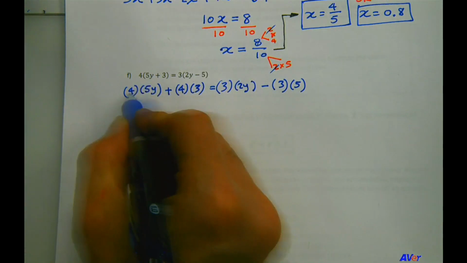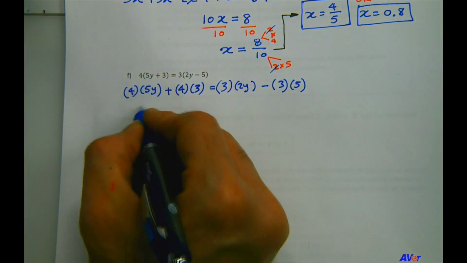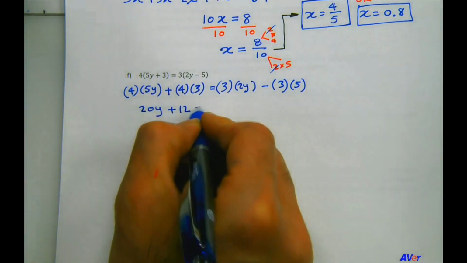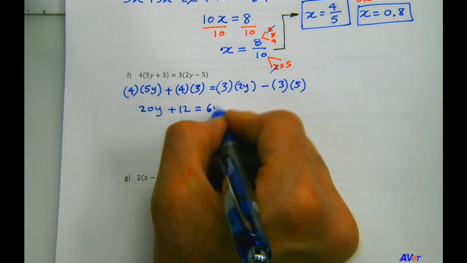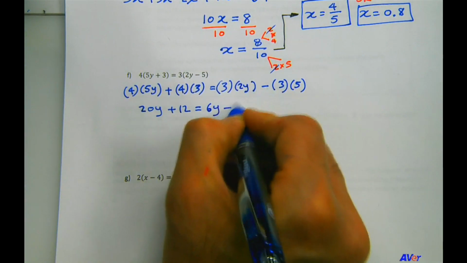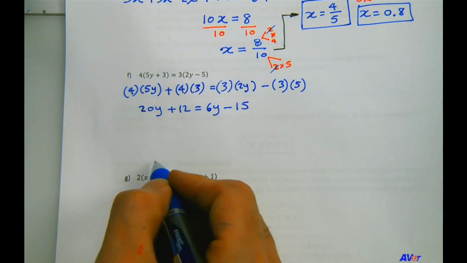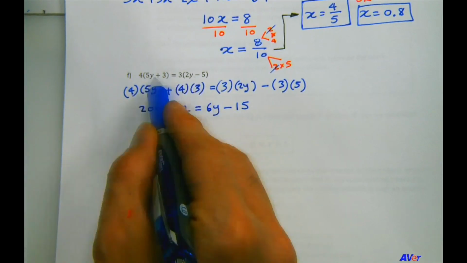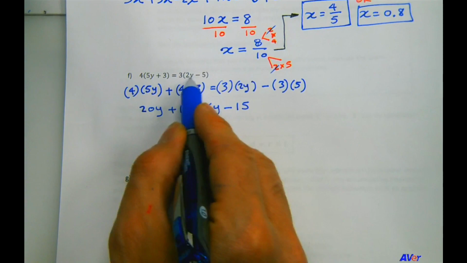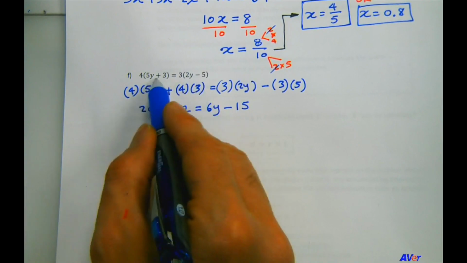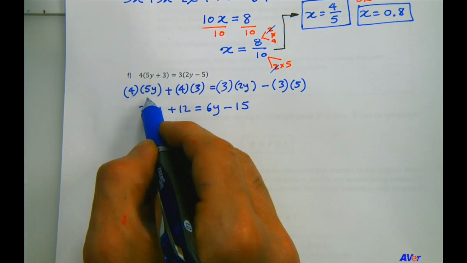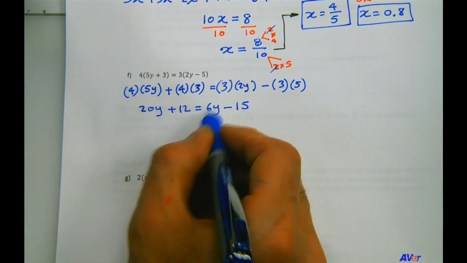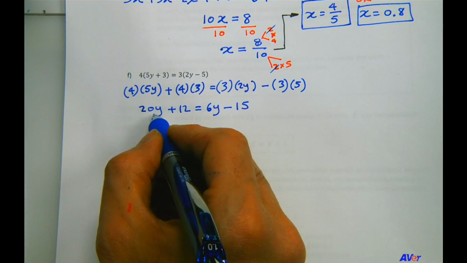So now let's simplify. 4 times 5y, 20y, plus 12 equals 6y minus 15. Right? Now, y has been ungrouped. Look at it. On the right, it's no longer grouped with negative 15. On the left, it's no longer grouped with 12. So now let's take this one step further and isolate the y terms on one side.